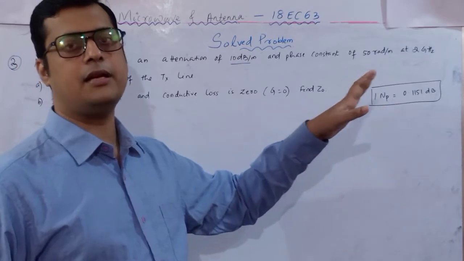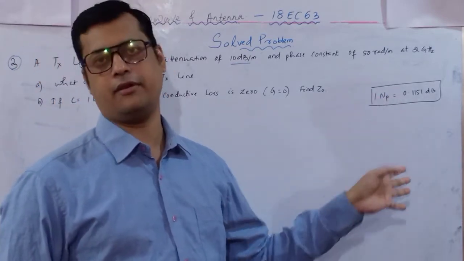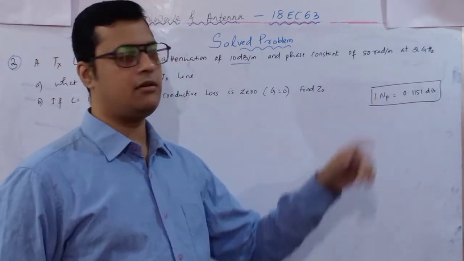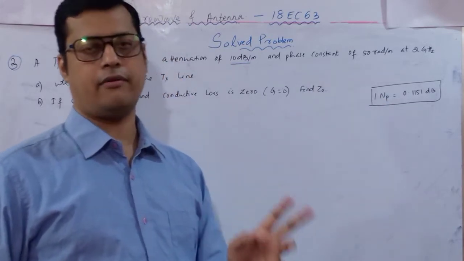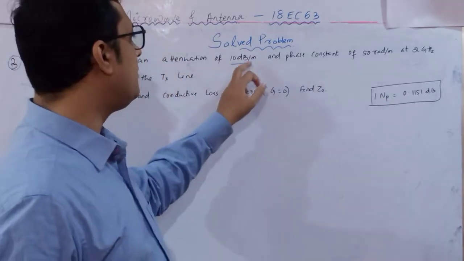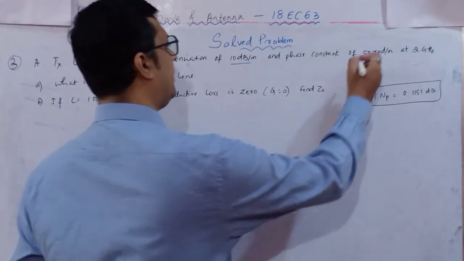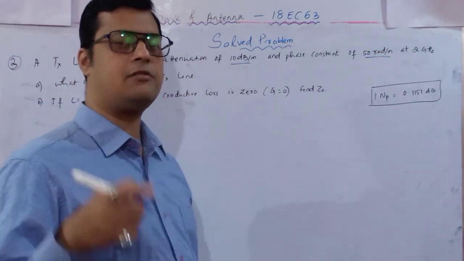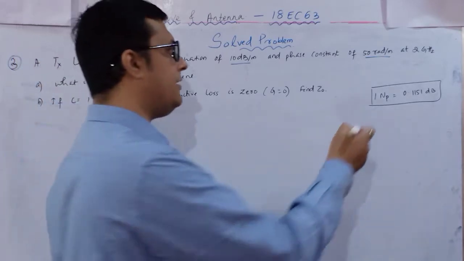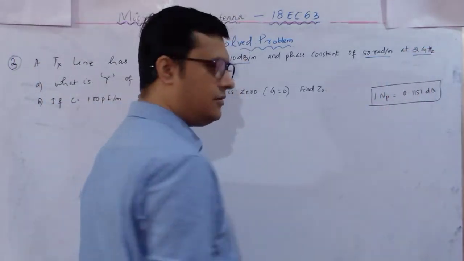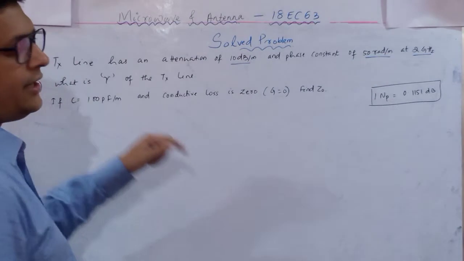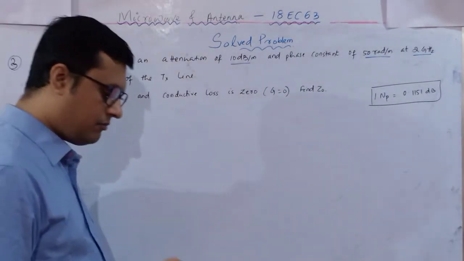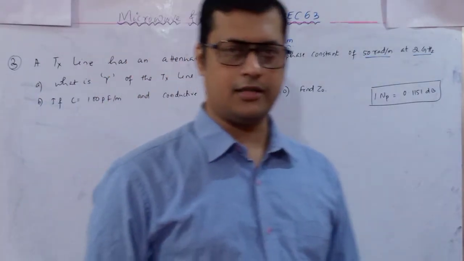Either the question will be given in terms of dB or in terms of Neper. So 1 Neper is equal to 0.1151 dB. And the phase constant is 50 radian per meter, and the wave which is propagating in the transmission line is 2 gigahertz. Here we have to calculate what is propagation constant gamma for the transmission line.